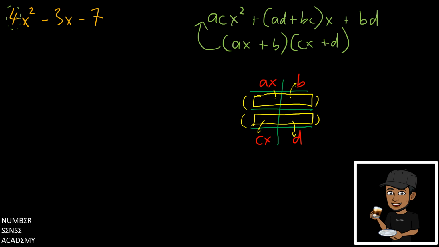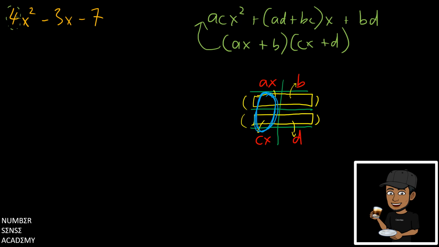Now, the method that I always use is that I need to find two numbers that multiply to a. So my two numbers are going to be here. These two numbers need to multiply to a, all right?